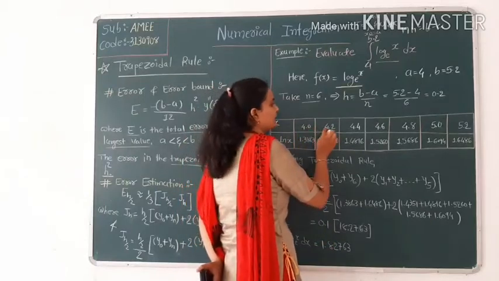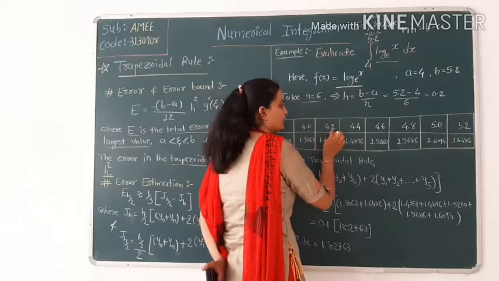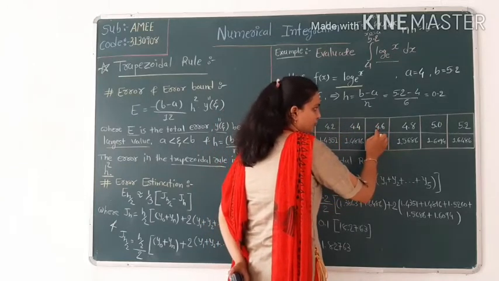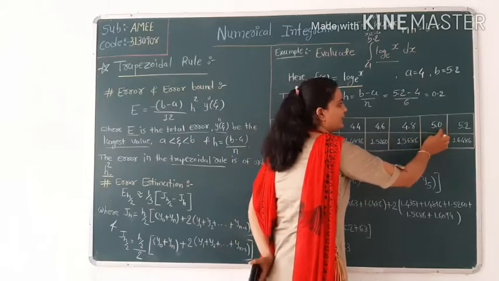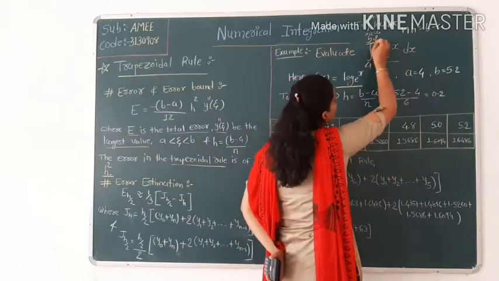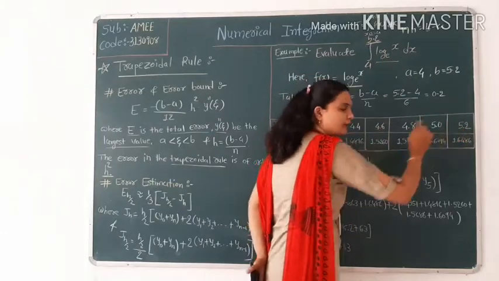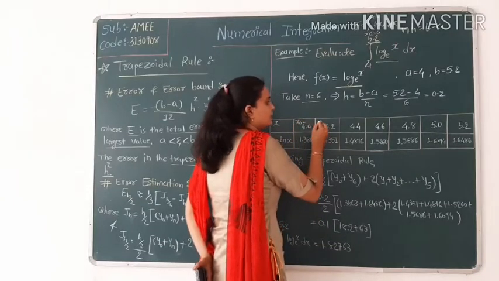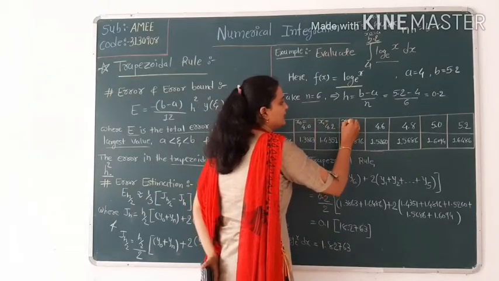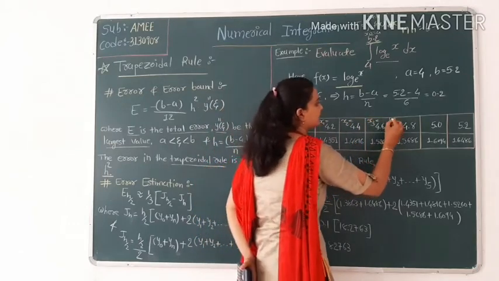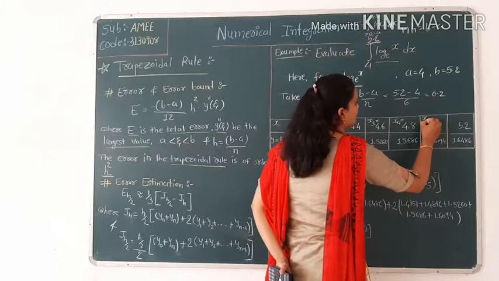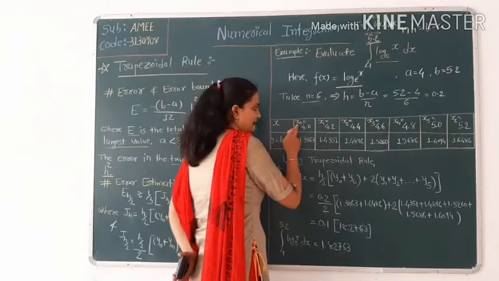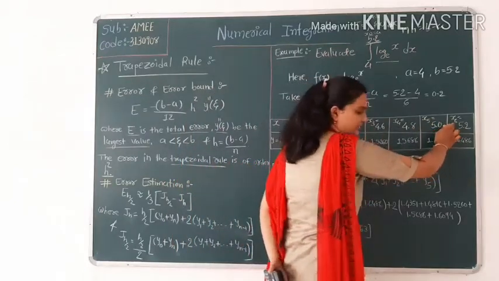So 4 plus h, 0.2, is 4.2, again adding 0.2, 4.4, 4.6, 4.8, 5.0, and 5.2 is our ending point. So stop here. 5.2 is the last point. So this is our x0, x1, x2, x3, x4, x5 and x6. Starting value x0, ending value x6, which is our xn.